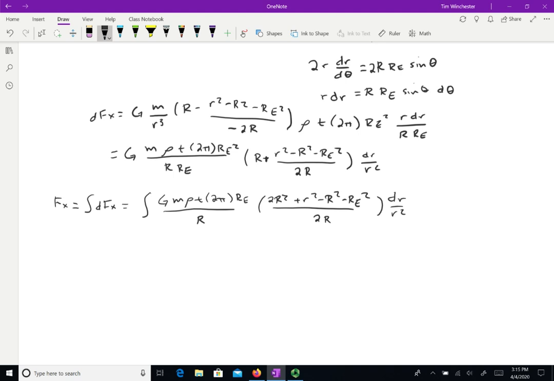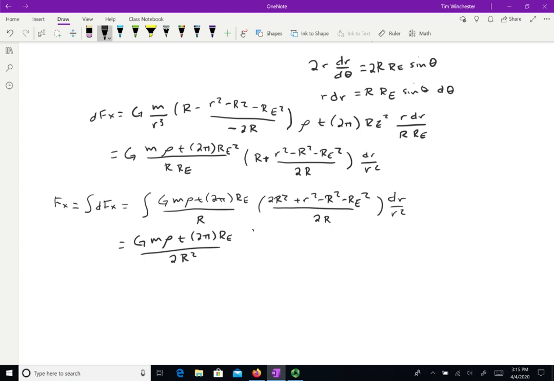Okay. And then I can actually do a little more algebra before actually doing the calculation. So let me bring the constants out front. G m rho t, 2 pi R_E, over 2 big R squared.